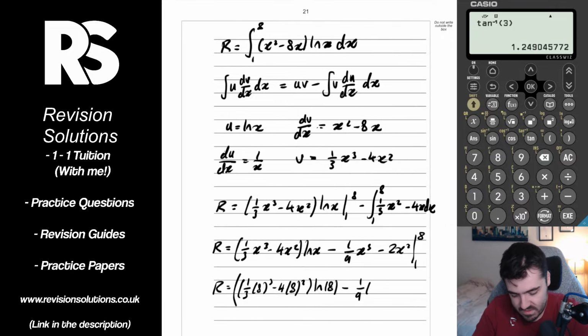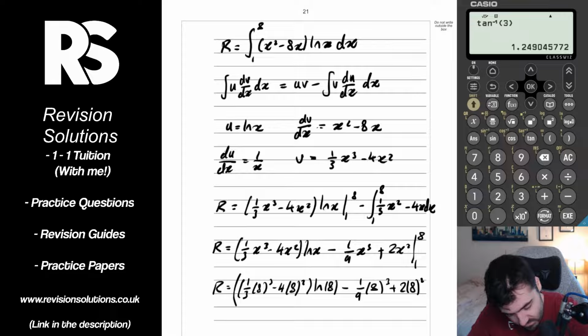I just made a classic error, realize, guys, as well. I should have put a bracket around all this because we've got a double minus going on here, haven't we? So let's just fix that. That's actually a plus there. Sorry. Minus a ninth of 8 cubed, and then it's plus 2 lots of 8 squared.